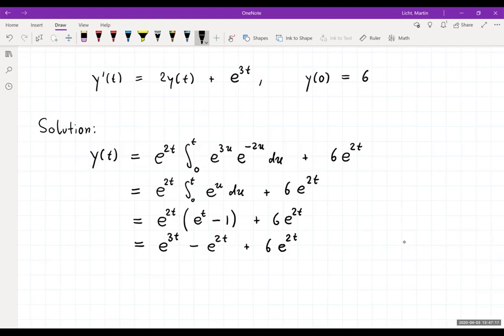Now, if you take a look at this differential equation, then we recognize that it has a form for which we have found an explicit formula in a previous video.